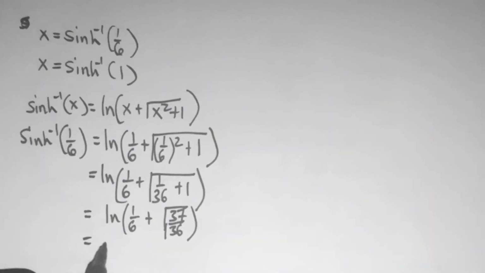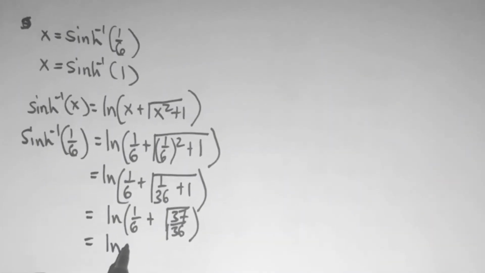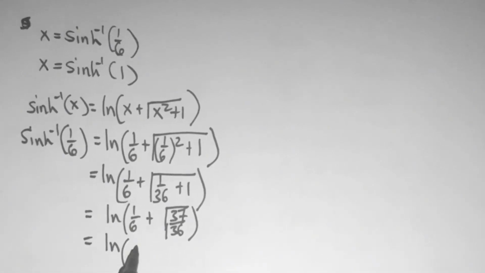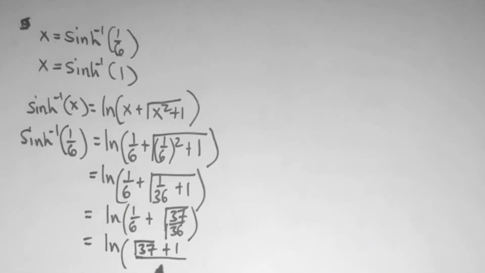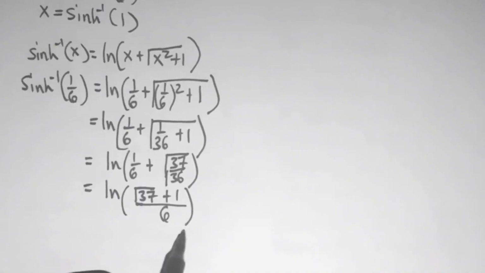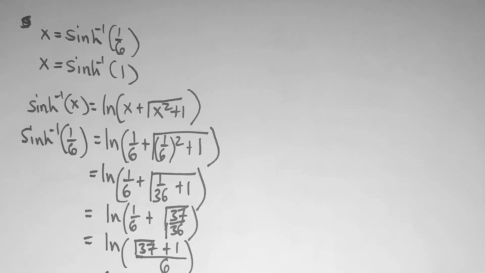If you find the square root of 36, it is 6. So this becomes ln of (root 37 plus 1) divided by 6. This is one of the solutions to the simultaneous equation that we're given.